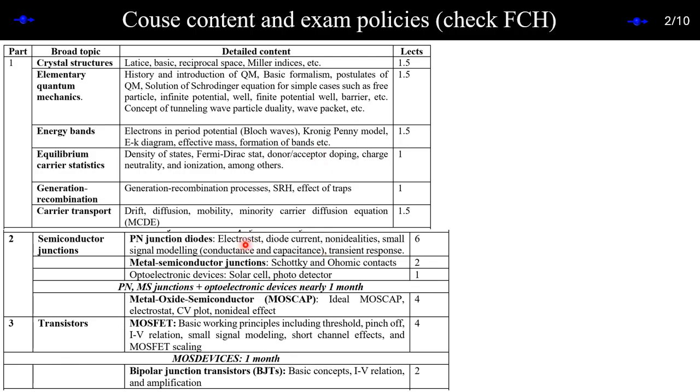Once you understand fully these basics or fundamentals, then only we can slowly move into devices. Here we are mostly focusing on semiconductor devices. The simplest junction device that you will come across will be the PN junction diode. We'll see how it works, its functionality, and how you model it. Being an electrical engineer, you need to know the modeling.